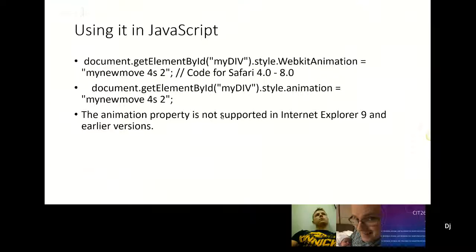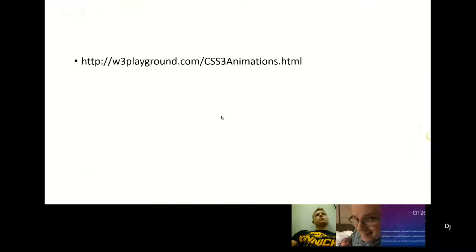You can set it as style.webkitAnimation or style.animation, and you set the animation values as a string: your animation name, duration, and how many times it's going to happen. That's an example. You can actually go and look. They have various examples that you can see as far as animations go.